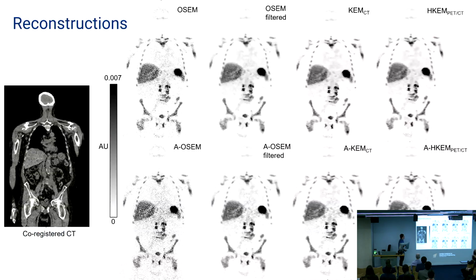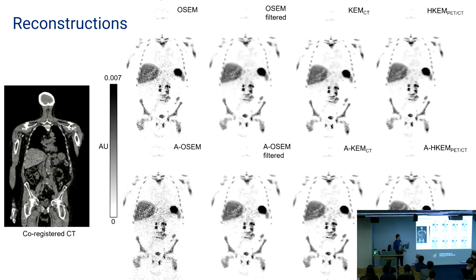Here are the reconstructed images. On the left is the co-registered CT, and on the right are the reconstructed images from all the relevant reconstruction algorithms we tested. On the first row are the traditional classical reconstruction algorithms, from OSEM to KEM or HKEM.